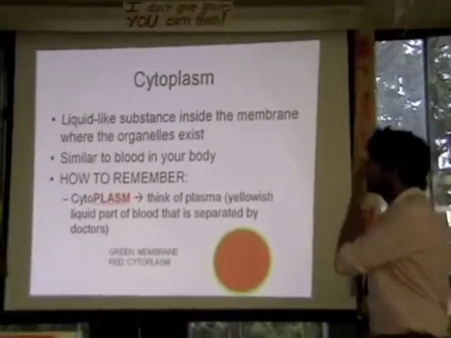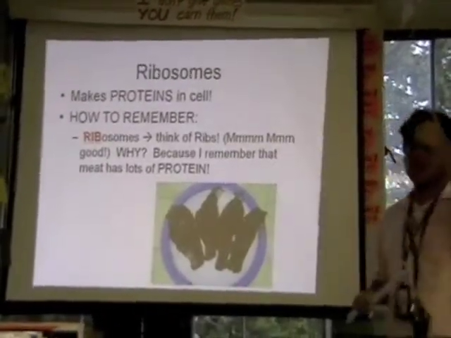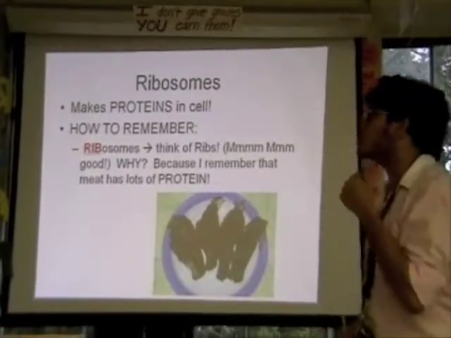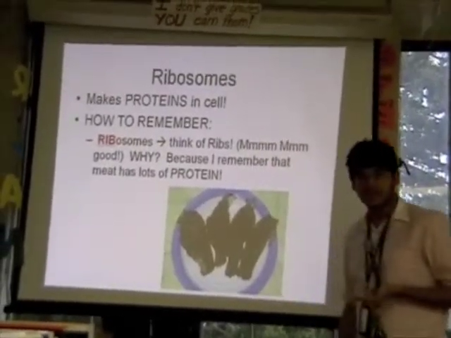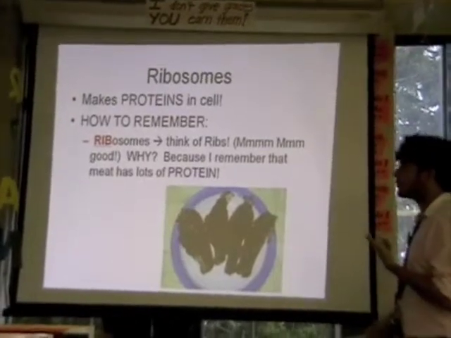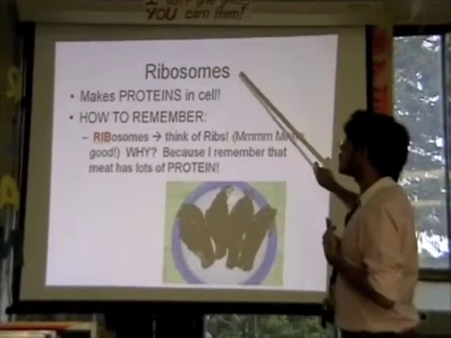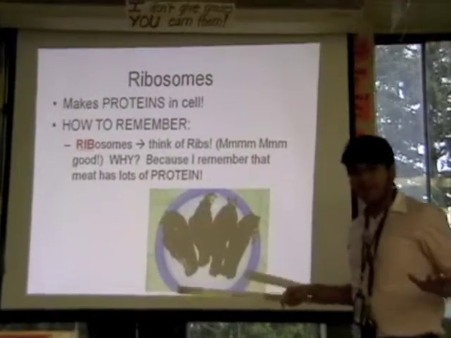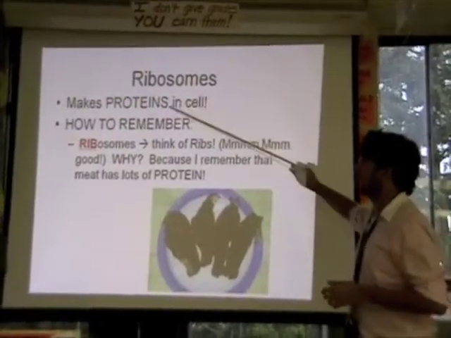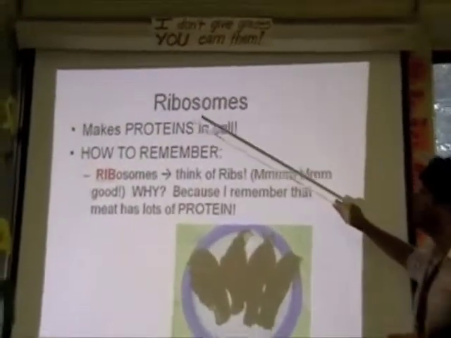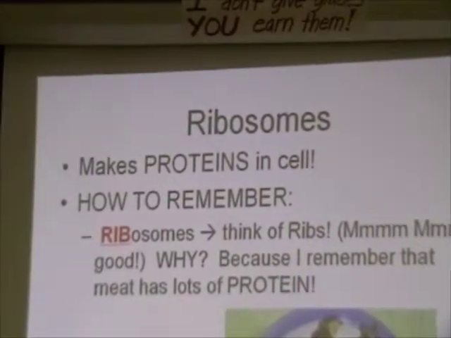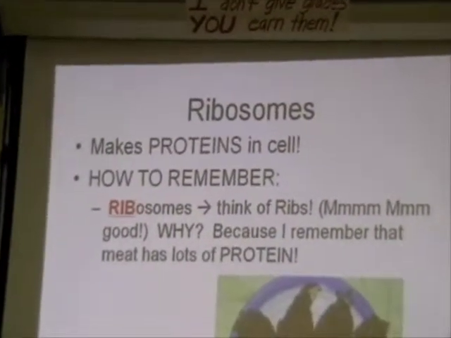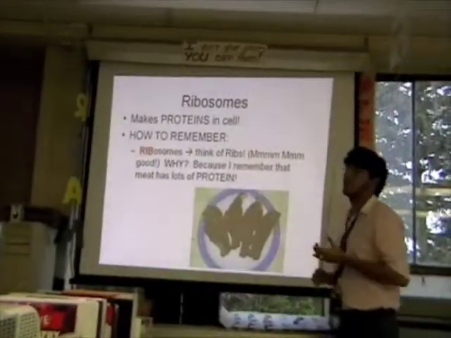All right, so we know so far all cells have cell membranes, and all cells have the cytoplasm. Well, there's something else that's in the cell, something called a ribosome, okay? And ribosomes, their main job in the cell is to make proteins. So they make proteins, and that's all you need to know. That's the major thing you need to know about ribosomes. They make proteins, okay? Now, how are you going to remember?